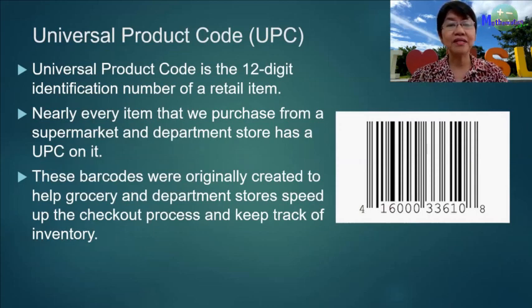These barcodes were originally created to help grocery and department stores speed up the checkout process and keep track of the inventory. It used to be manually recorded in small department stores or even in small grocery stores, but now we have a modern technique which is very helpful for our department stores and groceries.